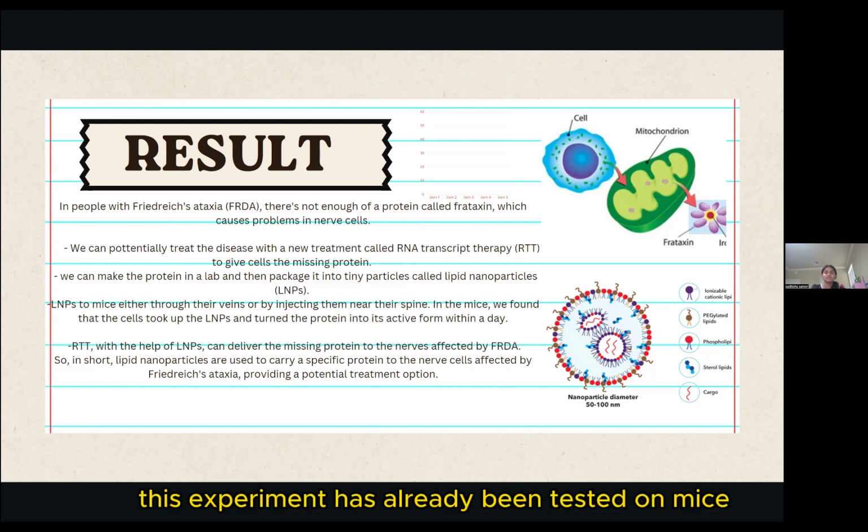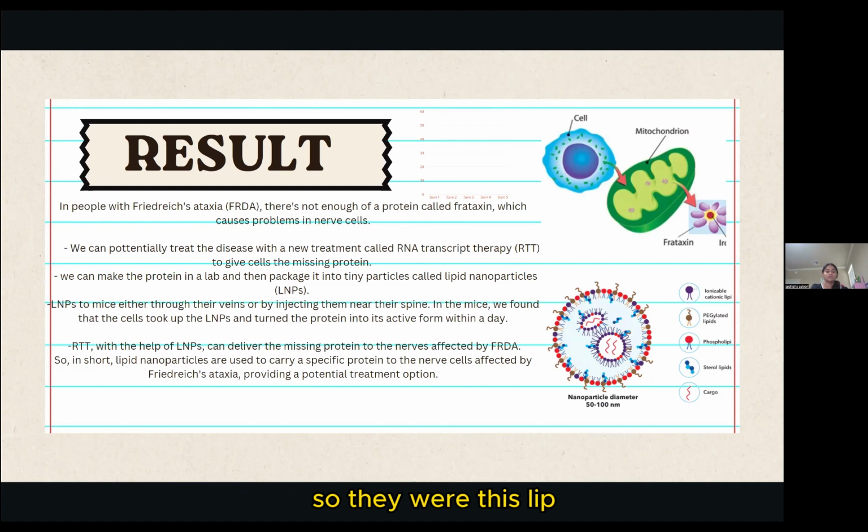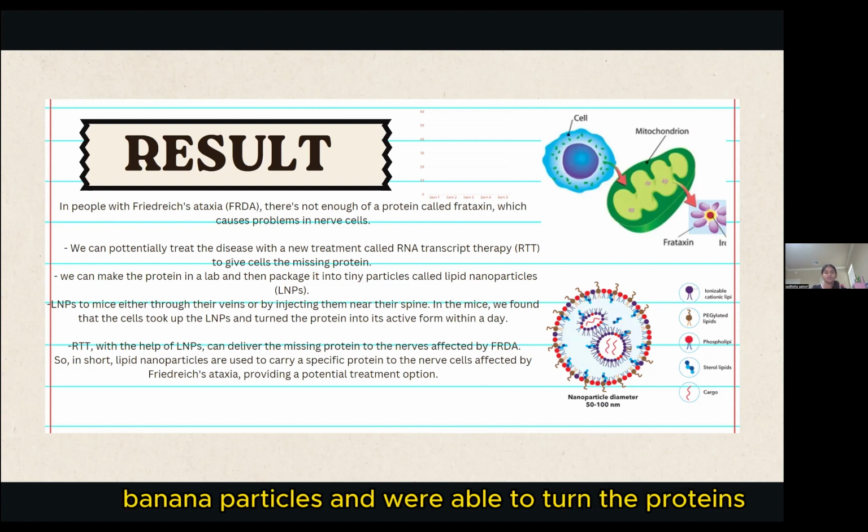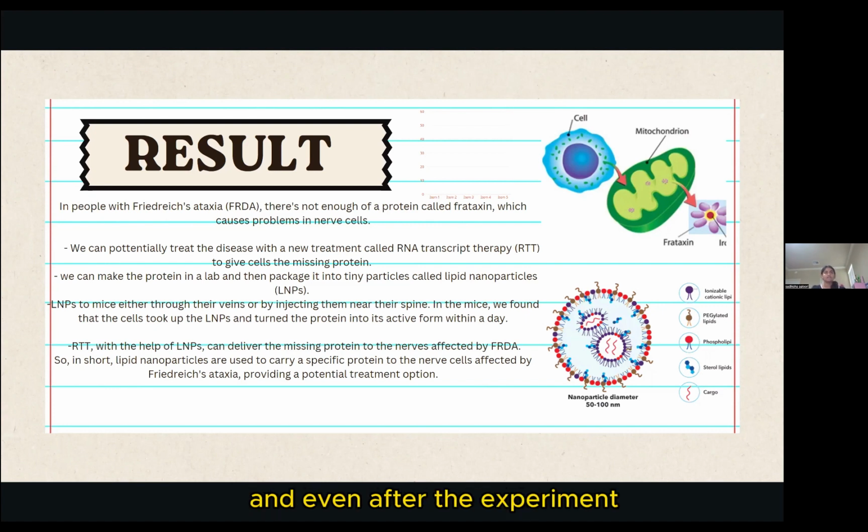This experiment has already been tested on mice. The lipid nanoparticles were injected through their veins or near their spine. And it was found that the cells took in the lipid nanoparticles and were able to turn the proteins into their active form within days. And even after the experiment, when the mice were tested, the protein was still detected in their body.